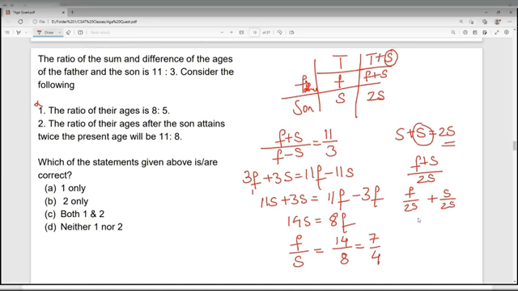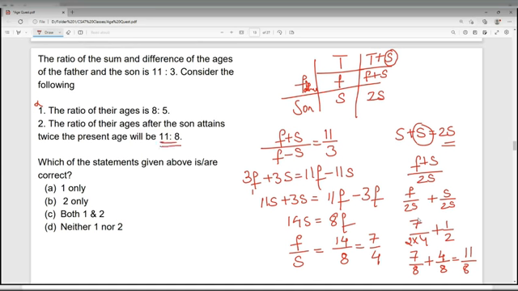F by s here is 7 by 4, so this becomes 7 by 2 into 4, plus 1 by 2. This is 7 by 8 plus, multiplying 4 on both sides, 4 by 8, and this is equal to 11 by 8, and this is correct.